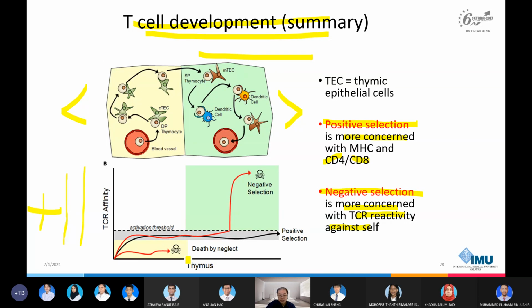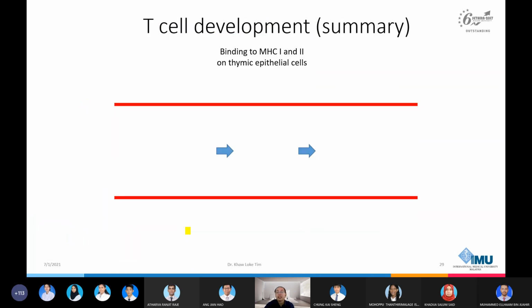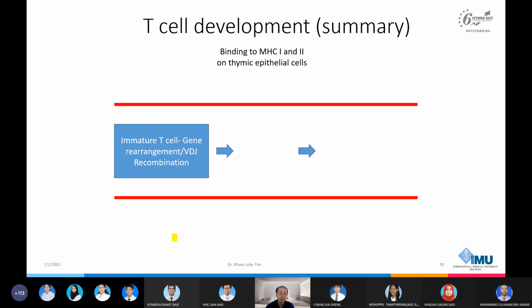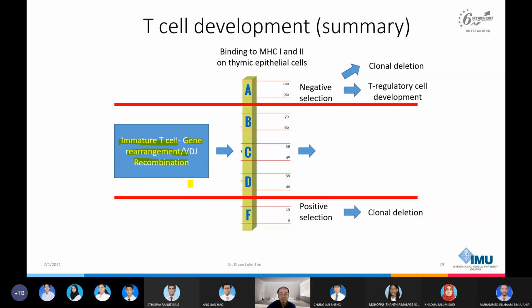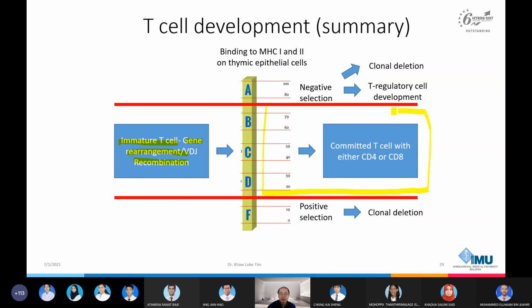So as you can see in here, I actually got another one here. Okay, just think of it as an exam. An immature T cell in the thymus undergoes gene arrangement or VDJ recombination. And during the exam, only cells between here, below 80 and above 20, survive.